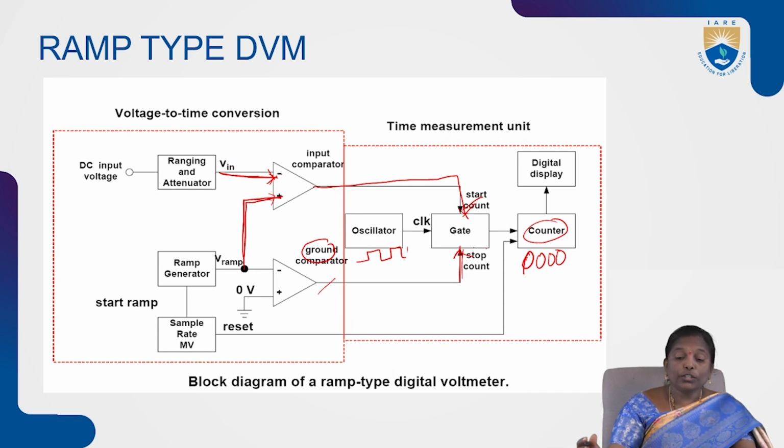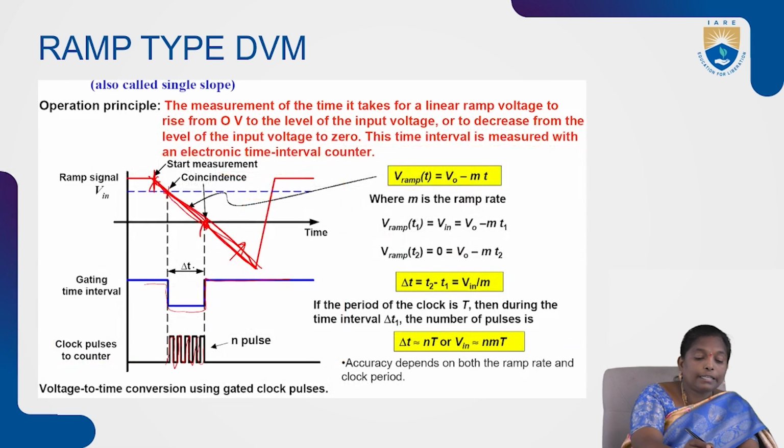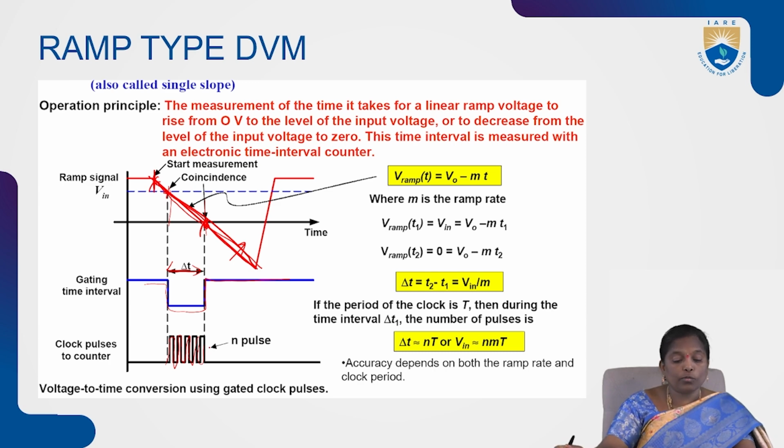In this way, during the time interval delta t, from the gate opening to the gate closing, the number of clock pulses passing through the gate is counted by the counter and displayed on the display unit. This is called a ramp type of DVM.